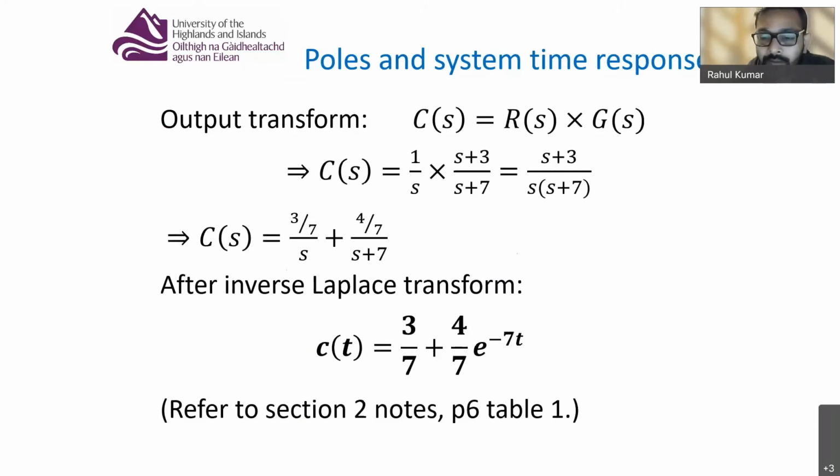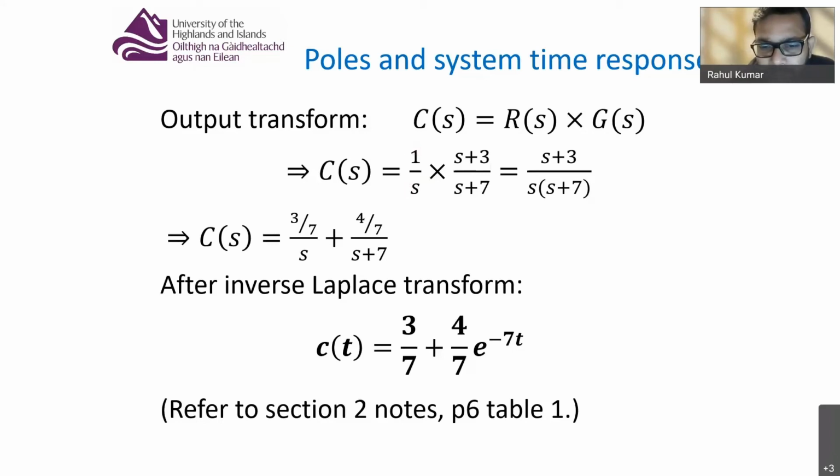Now, to find the output, or the response of my system, I will have to multiply the transfer function with the applied input. So my transfer function is given as s plus 3 divided by s plus 7, and I have simply multiplied it by the input, which was 1 divided by s.